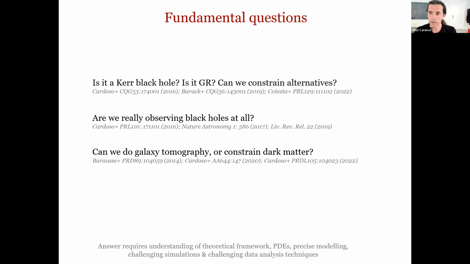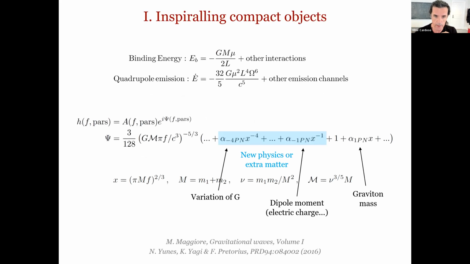And if not, can we constrain modifications to GR? How do we do this? How do we go around and constrain alternatives? And once we are confident that we are dealing with black holes, and because they're really simple, can we use them as tools, as laboratories, to understand either new degrees of freedom or the environment where they evolve? How do we do this? Now, I'm not sure I'm going to have time to go through all of this, but I will try to tell you a bit about each of them.